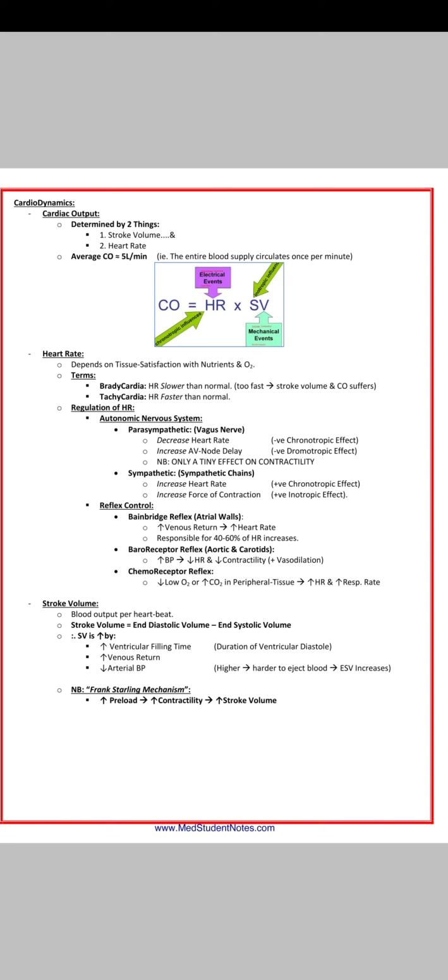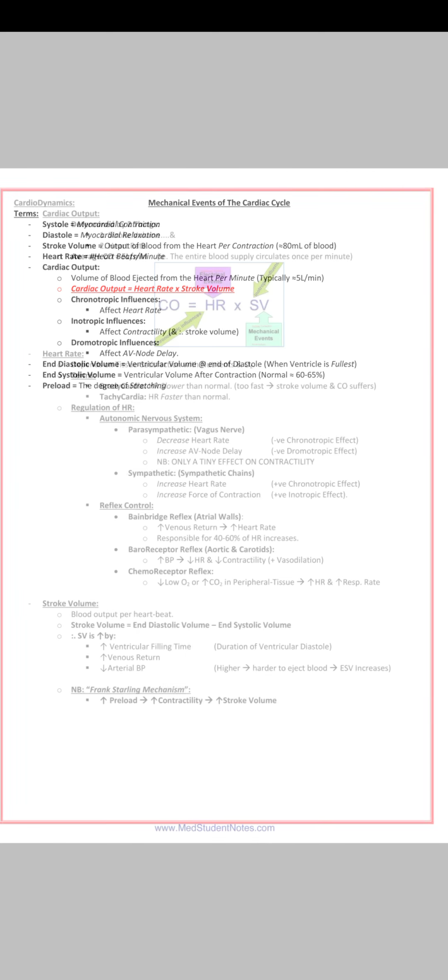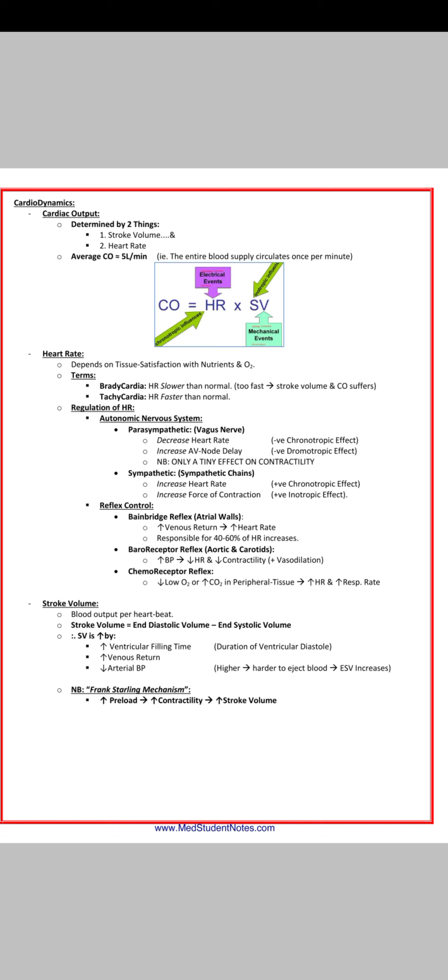So the parasympathetic nervous system causes a decrease in heart rate, which is a chronotropic effect. An increase in AV node delay is known as the dromotropic effect. There is the chronotropic effect, the dromotropic effect, and the inotropic effect: chrono, dromo, and ino.